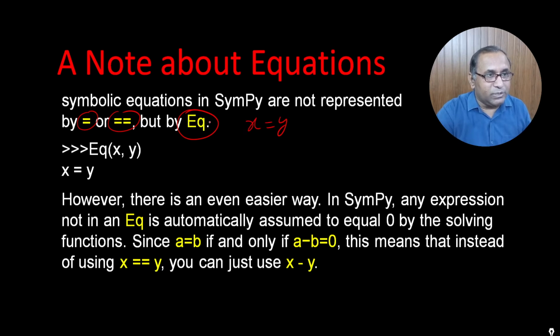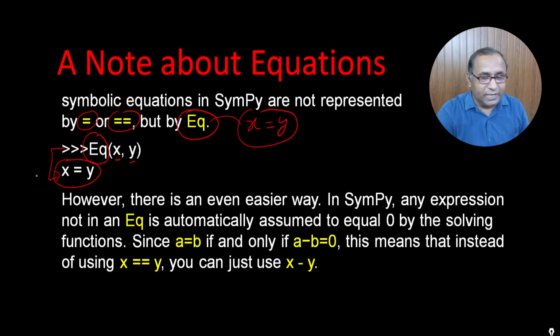So we will use this function to represent this equation. Eq is a function, then this x is the left hand side of the equation and y is the right hand side of the equation, and both are separated with the help of a comma. So when you press enter, this will return the equation which is x equal to y.